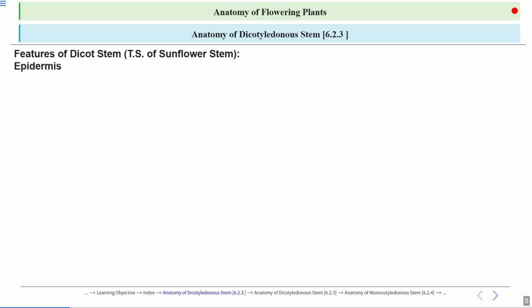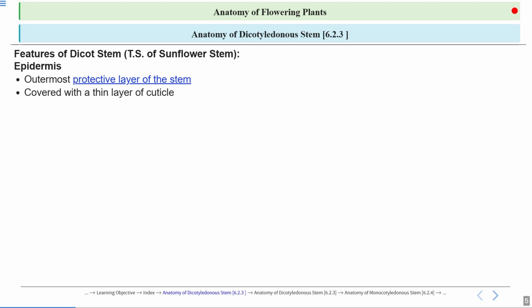So epidermis. The first thing when you see the sunflower stem under the microscope, which layer will you see? Epidermis layer. So that is the outermost protective layer of the stem, right? And how does it look? Single layer of epidermis, and it is covered with a very thin layer of cuticle.